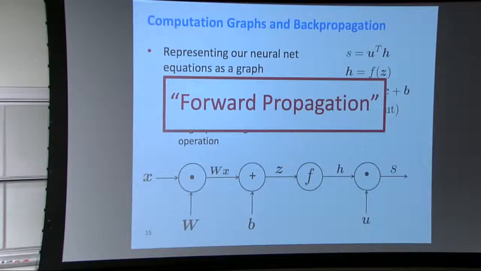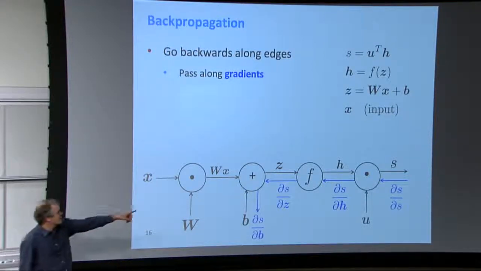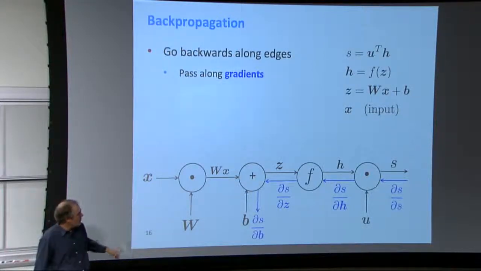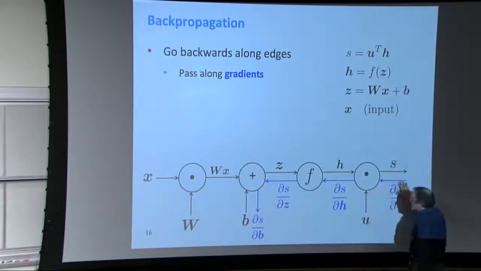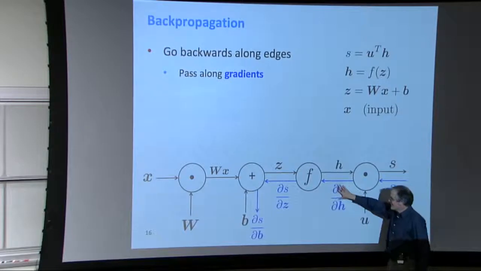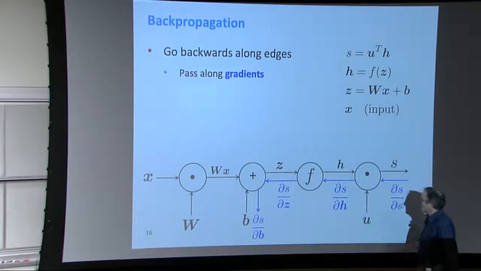But the difference here is, hey, we want to do a learning algorithm, so we're going to do the opposite of that as well. What we want to be able to do is also backward propagation or backpropagation, or just backprop it's commonly called, which is we want to be able to go from the final part here, and then at each step we want to be calculating these partial derivatives and passing them back through the graph.